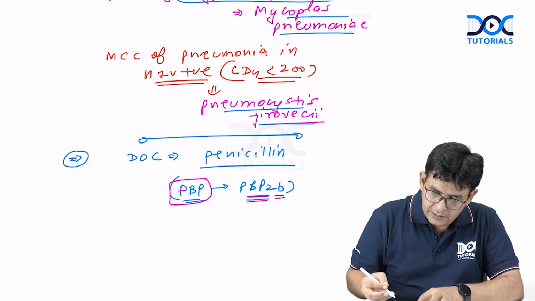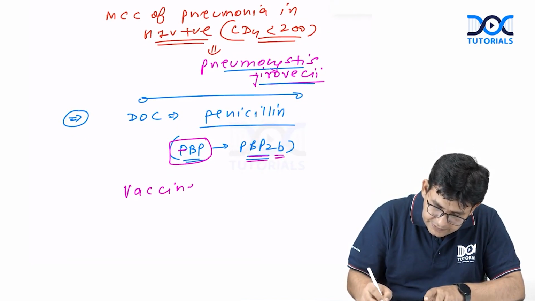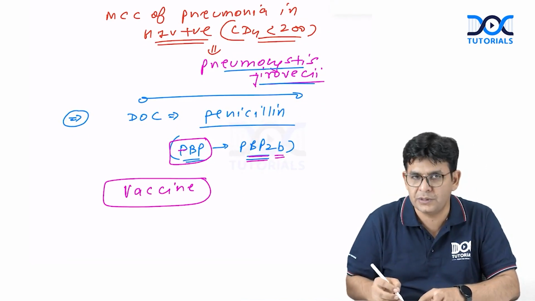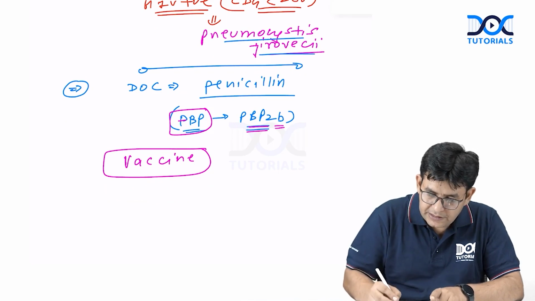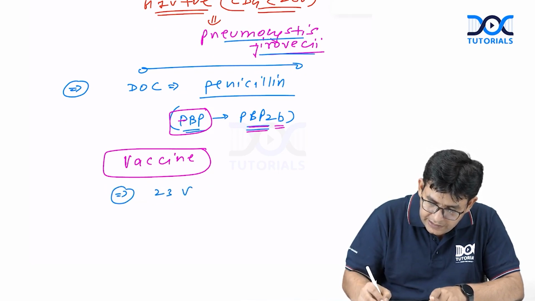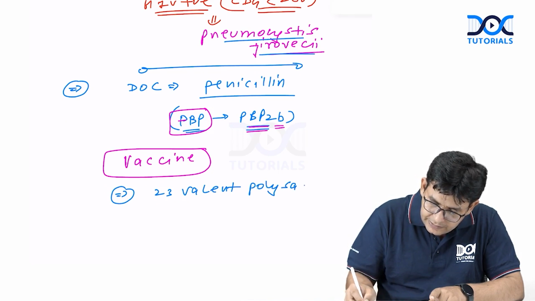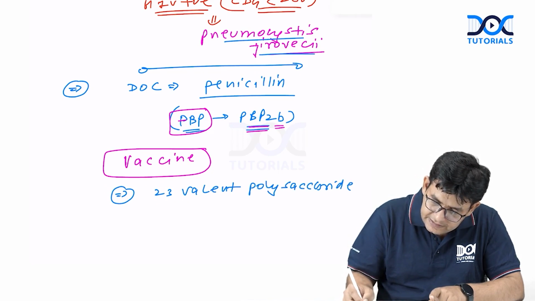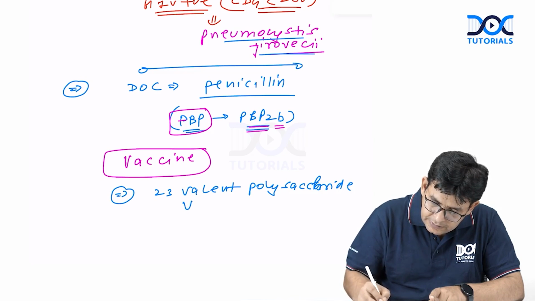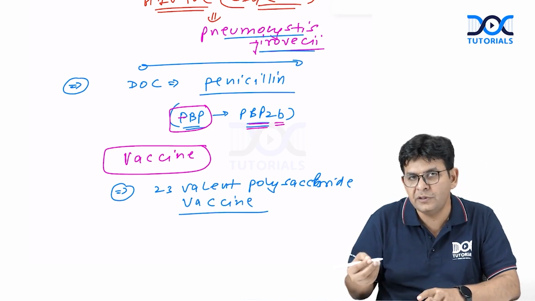And can you tell me where PBP changes to PBP2A? The answer is MRSA. Now, if we talk about the vaccine of pneumococcus, the vaccine which used to come previously is the 23-valent polysaccharide vaccine. It was the first to come, and it is given not to children, at least.